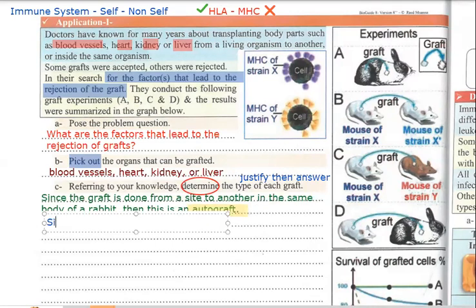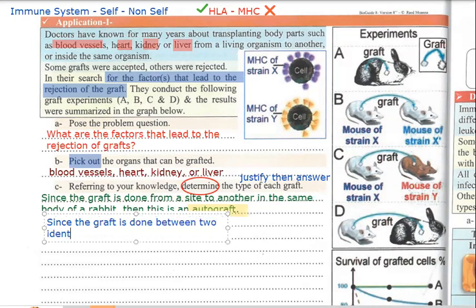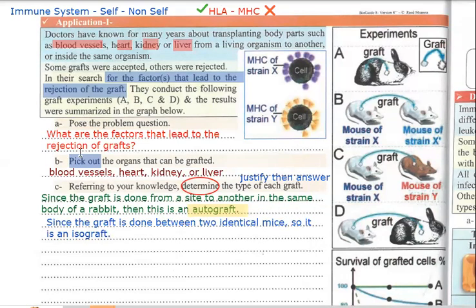So since the graft is done between two identical mice, it is an isograft. What is an isograft? An isograft is the transfer of an organ or a tissue between two identical twins.